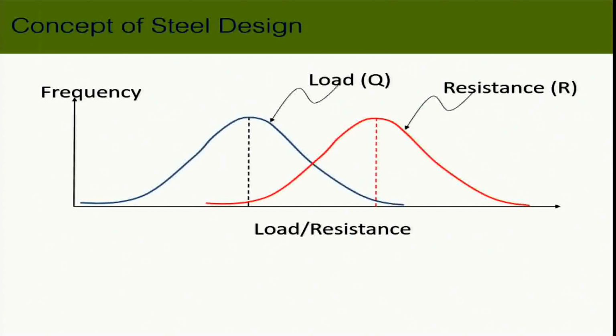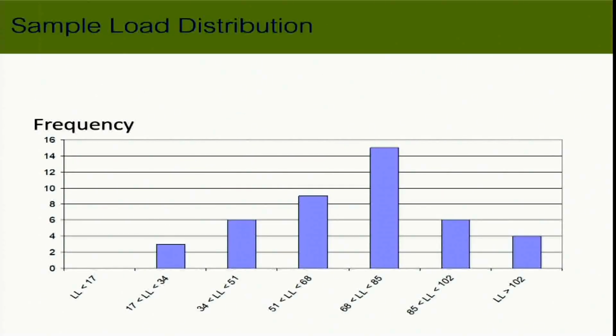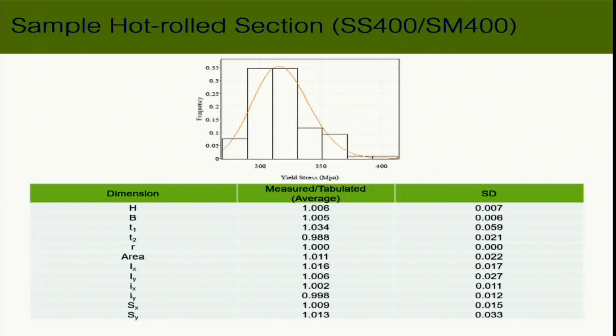Okay? And again, statistics: the frequency of the load, they try to accumulate all the data and then calculate so that you have the magic number. It's just another example. And this is another example of the uncertainty of the steel structure. You see, that's the dimension that you will see from the steel table, correct?